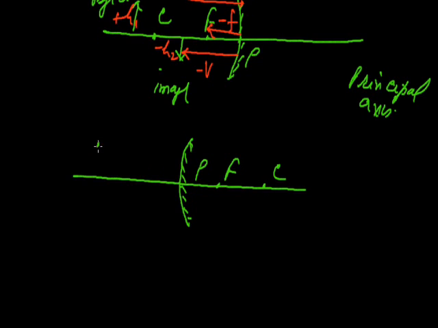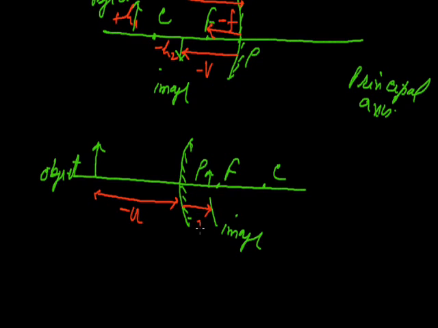Object is placed here, suppose its image is at this point. This distance is U, that will be negative, so V will be positive. Virtual image, F will be positive. This one is radius of curvature R, will be positive.